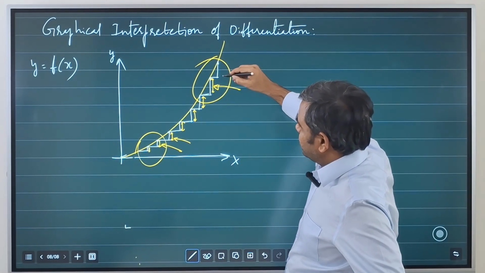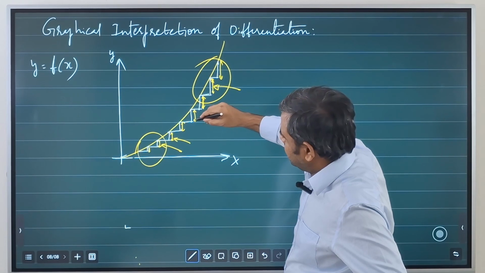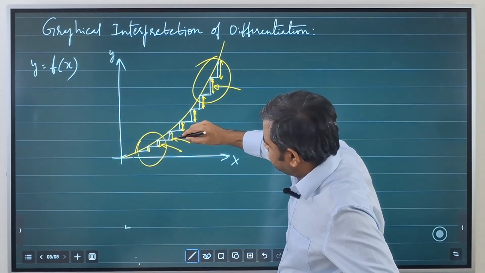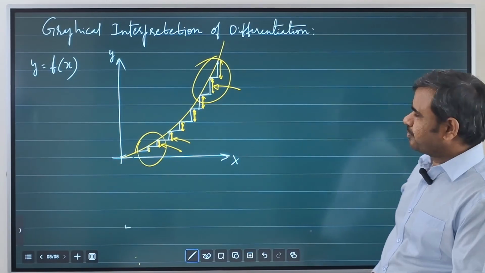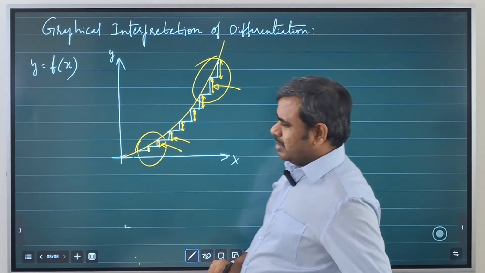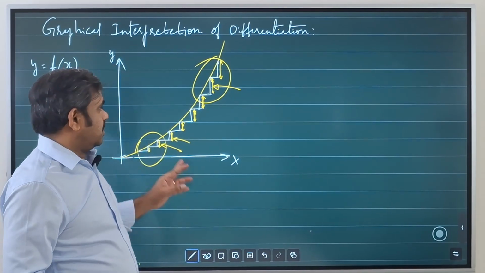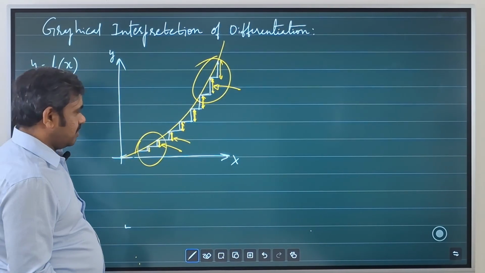So per unit step, the increase in height is more at greater values of x. For every one step, the increase in height is more. The graph is steeper. If you look at it as a hill that you are climbing up, the hill is getting steeper and steeper at greater values of x.